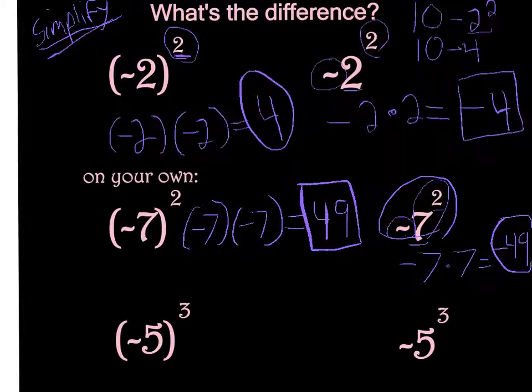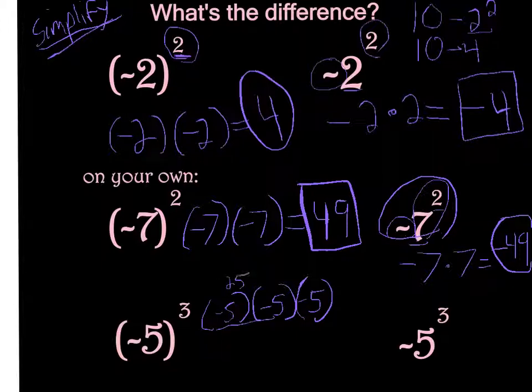Now let's do parentheses again. -5 to the third power, so in parentheses. So I'm going to do -5 parentheses, -5 parentheses, -5 parentheses. So -5 times -5 is 25, and then I'm going to multiply it by my other -5, and that gives me -125.